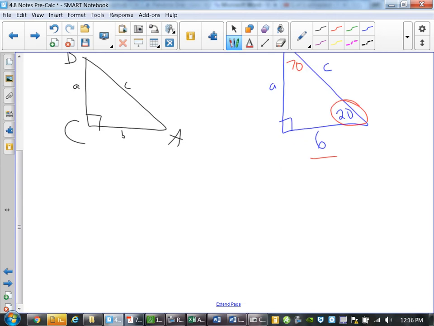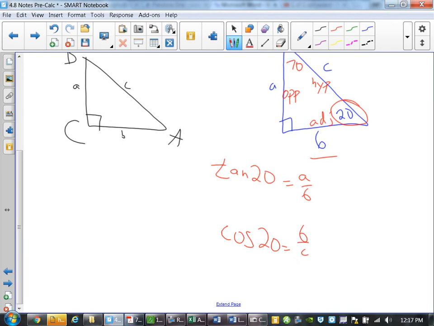So what trig function am I going to use with an adjacent to find an opposite and then to find a hypotenuse? What am I using? Tangent and what's the other one? Cosine. So we'll do the tangent of 20 will be little a over 6, and the cosine of 20 will be 6 over little c.